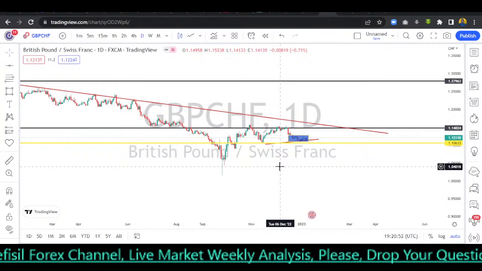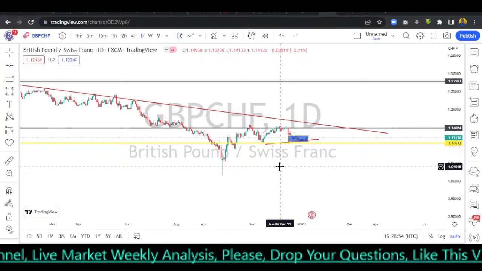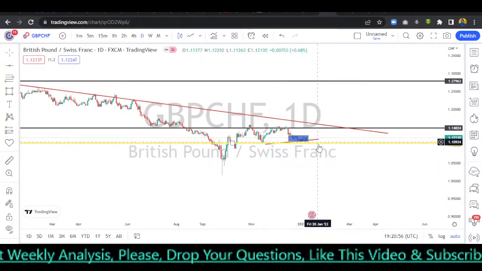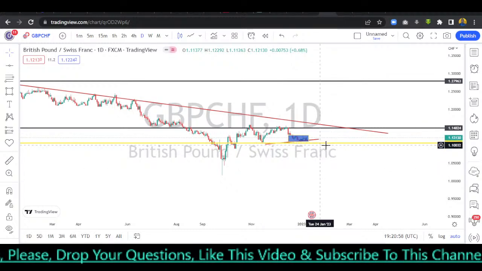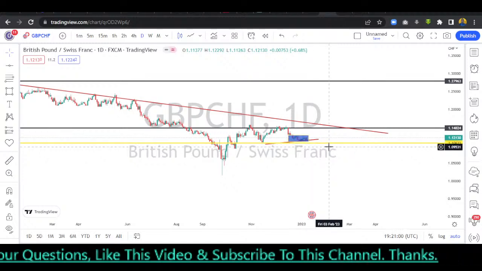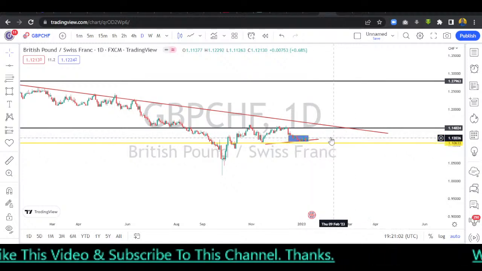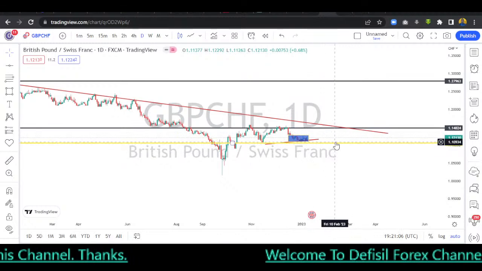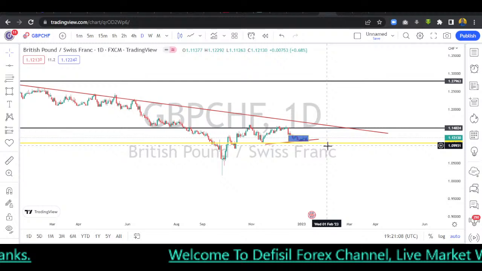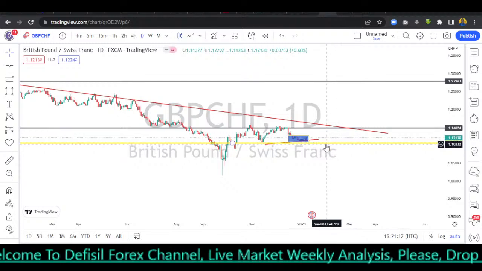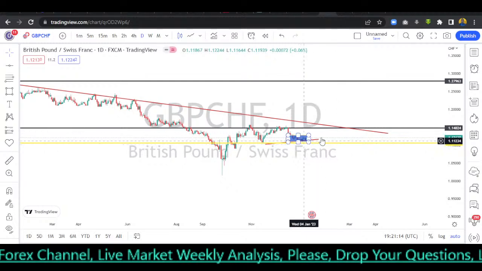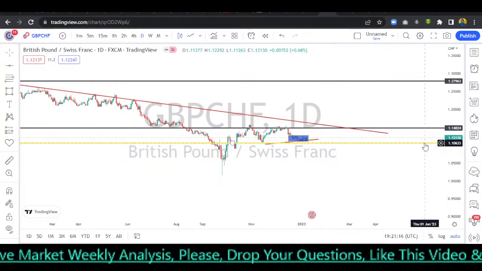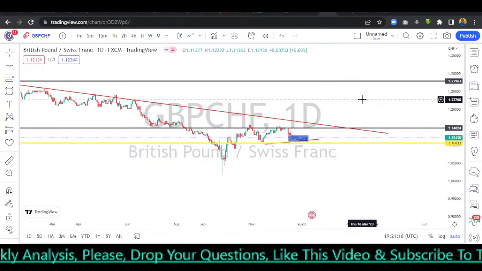Should it happen that it trades below the lower horizontal line, we should consider selling as our next opportunity. Should it happen that this market trades below this yellow line, breaks, and retests it, we should consider a selling opportunity. So that's for GBP CHF.